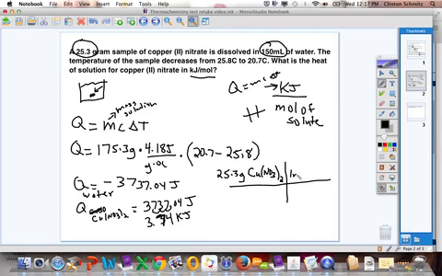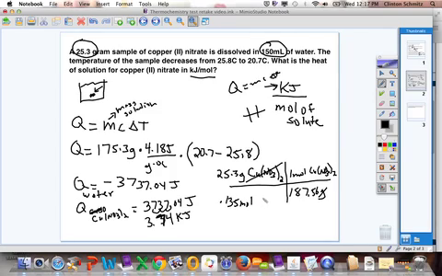We have 1 mole of copper(II) nitrate, and if you add up the molar mass of that, it's around 187.56 grams. The grams cancel, and when you do the math, it equals about 0.135 moles.